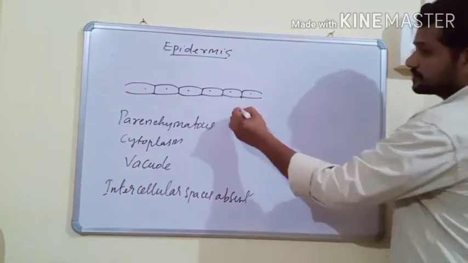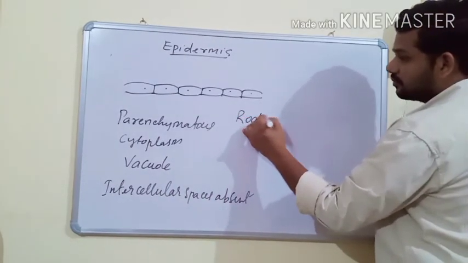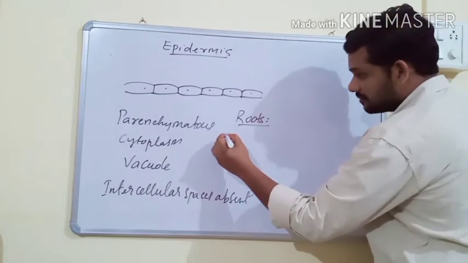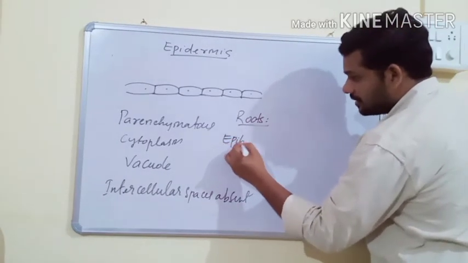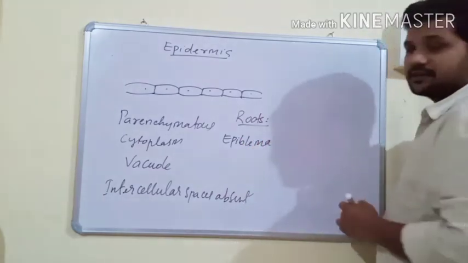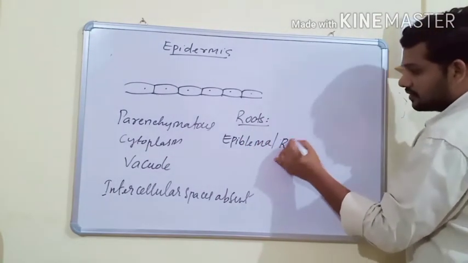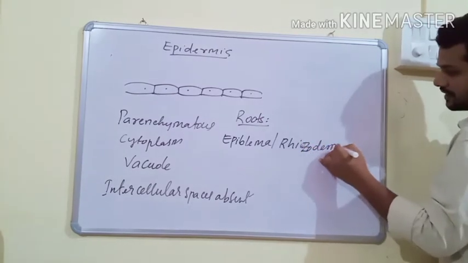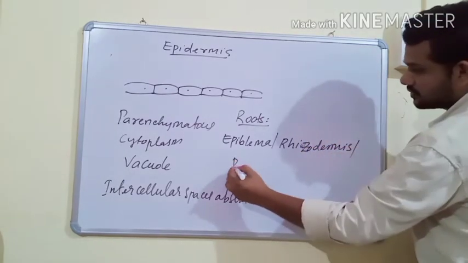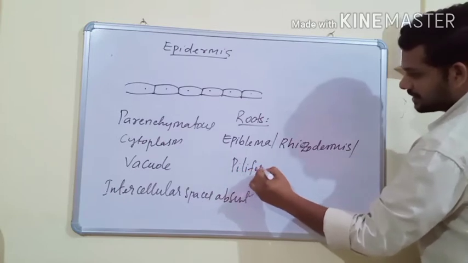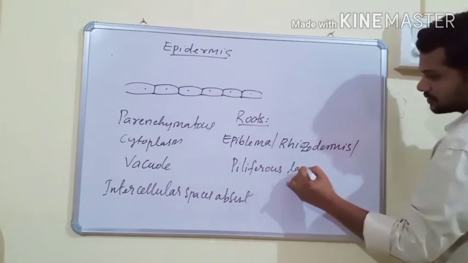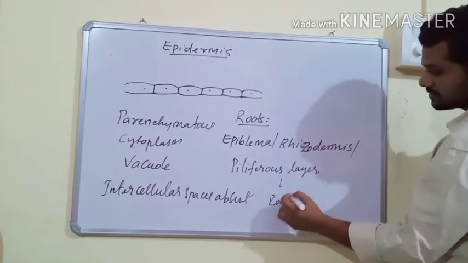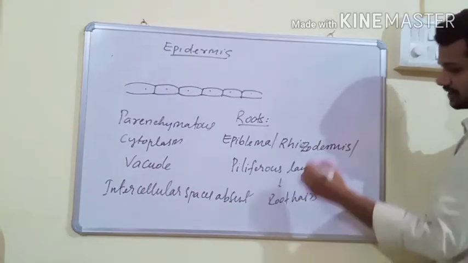In roots, in both dicot and monocot roots, the epidermis is also known as epiblema, or rhizodermis, or piliferous layer, due to the presence of unicellular root hairs.